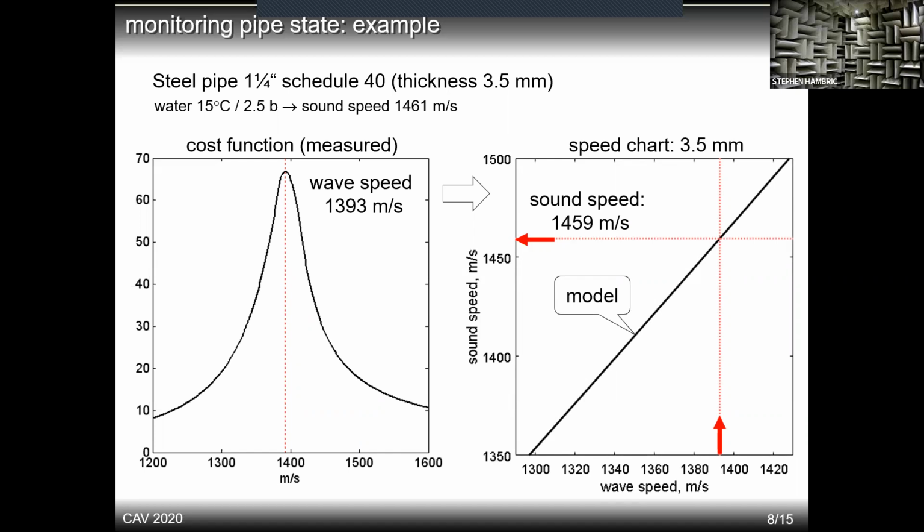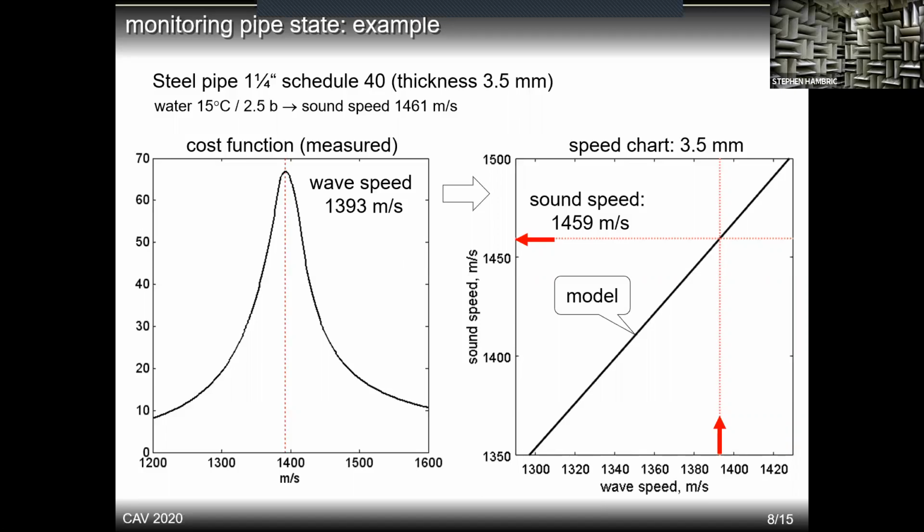Alternatively, if we believe that we know the sound speed, which should be 1461 meters per second, we can deduce what is the thickness of the pipe.